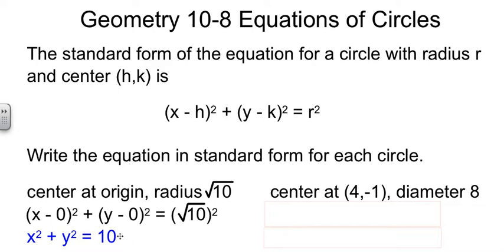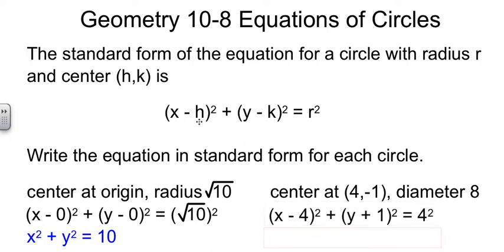That was the easy version. Now let's look at the more interesting version, where we have an actual point, not just the origin, to plug in. And watch what these crafty devils did. They gave us the diameter instead of the radius. Well, if we know the center, we can plug those in for h and k.